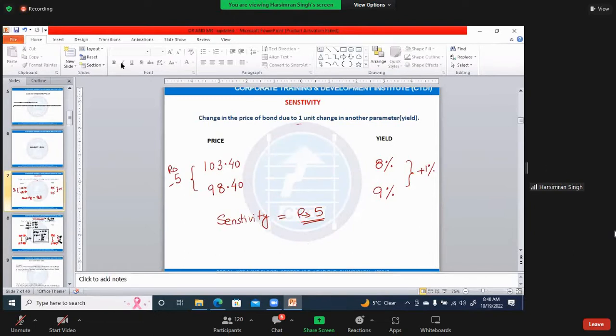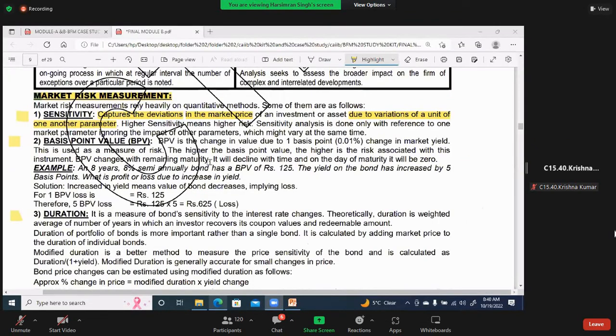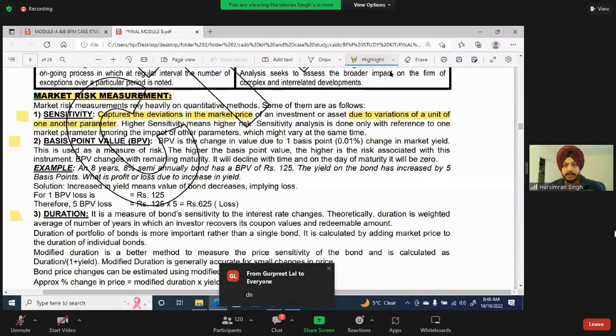Have you noted? Yes, no. Yes, sir. Now see this. So then underline this line.